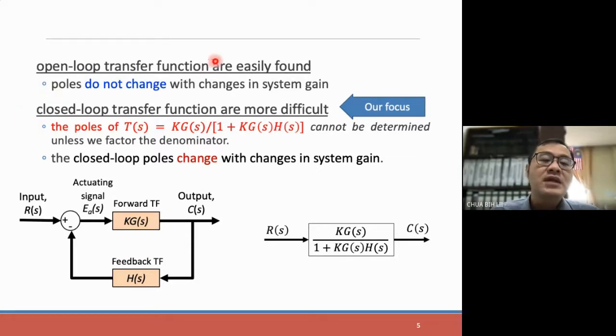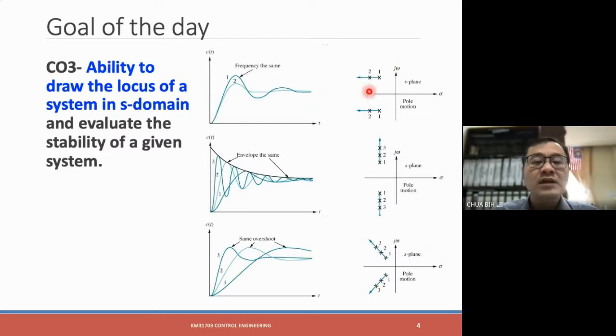The open loop transfer function is quite easy, where the poles will not change when the gain value k changes. Meaning, in this open loop system, you may not be able to control the movement of the poles or the roots.